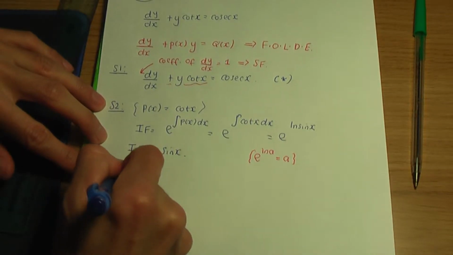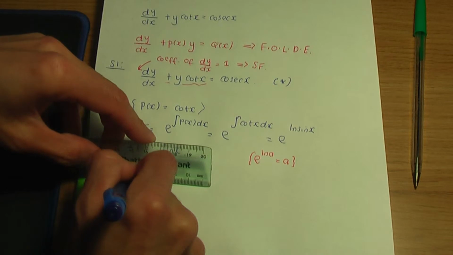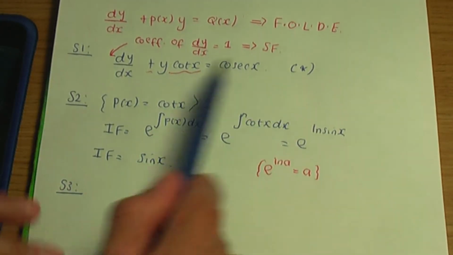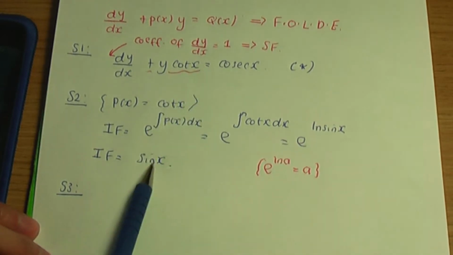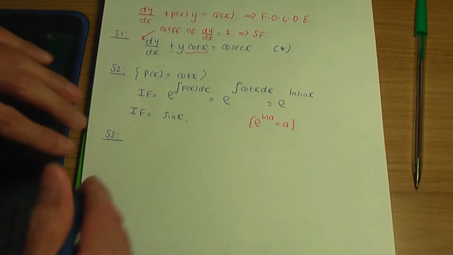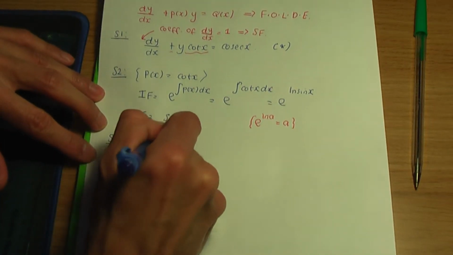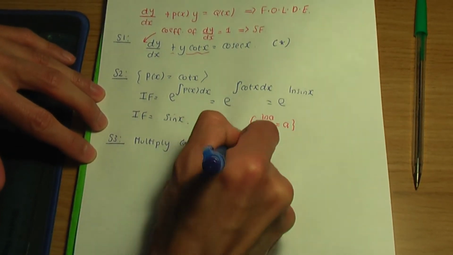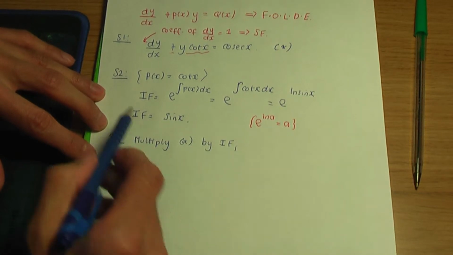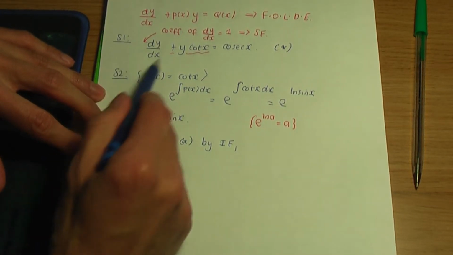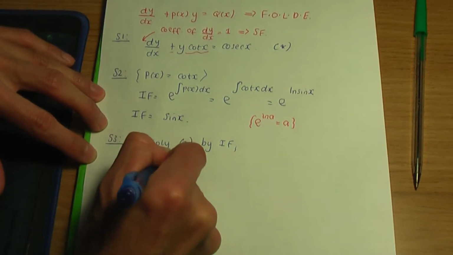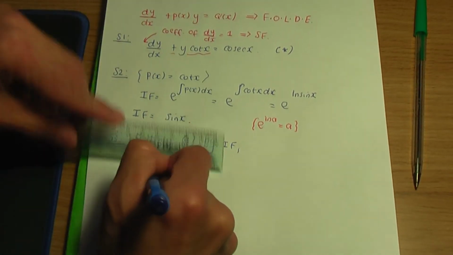So here is step number 3. Our standard form equation is star. Let's multiply every single term by sine x, which is IF. So multiply star by IF. Let's do that. Sine x times dy over dx is sine x dy over dx.